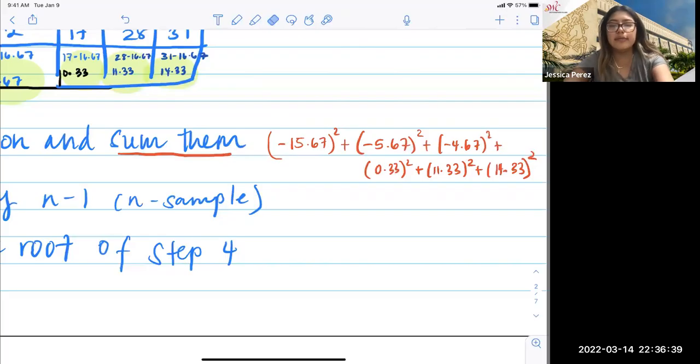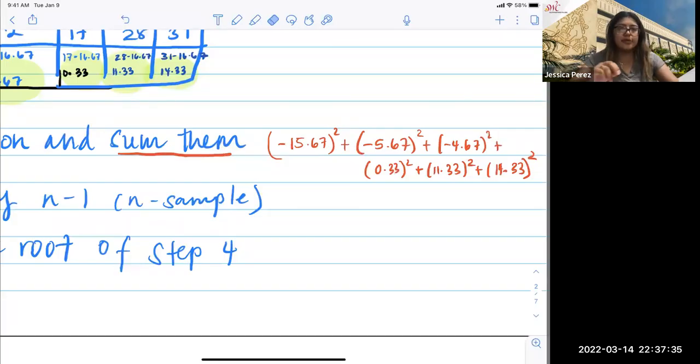I have negative 15.67 squared, plus, and I'm writing that all down, negative 5.67 squared plus negative 4.67 squared, and then plus 0.33 squared, and then plus 11.33 squared, and then plus 14.33 squared.